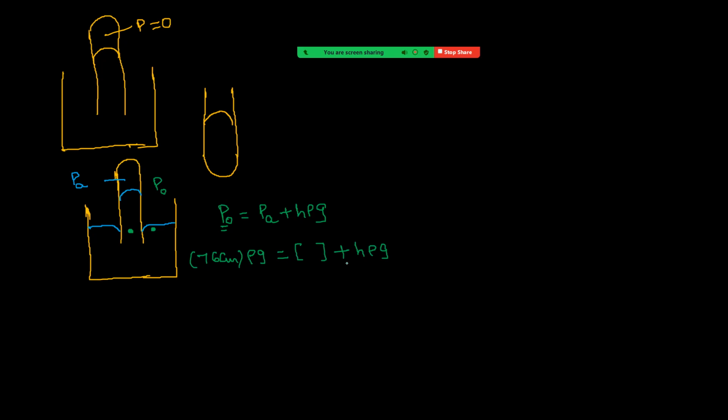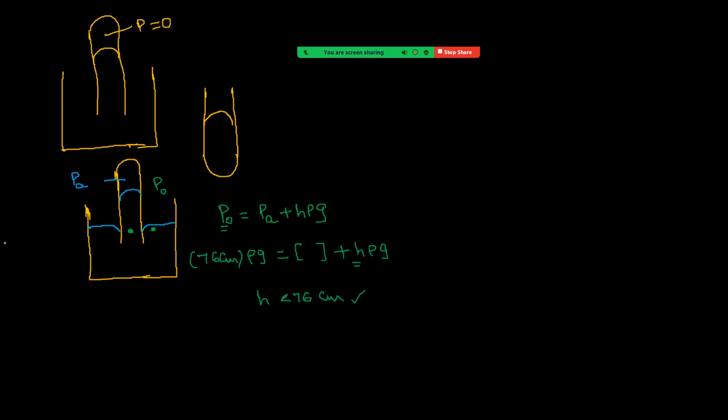Now from this we can say the H value will be less than 76, right? Because the pressure of air is non-zero, the length of the mercury column will be less than 76. So whenever air is present, the length of the mercury column will be less than 76.